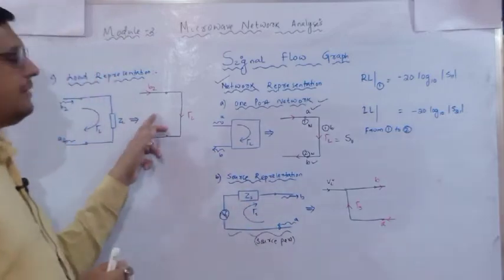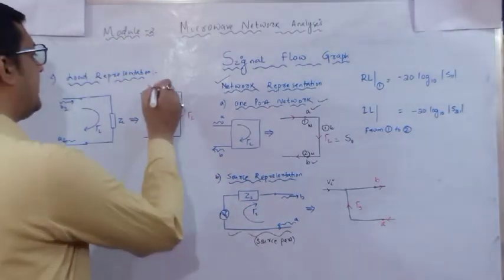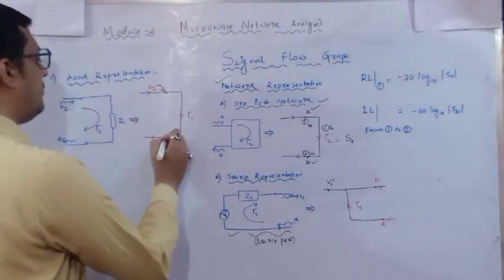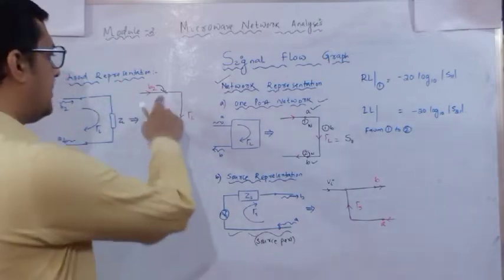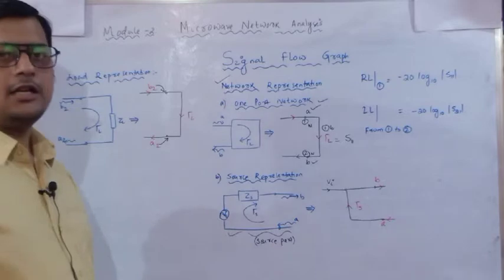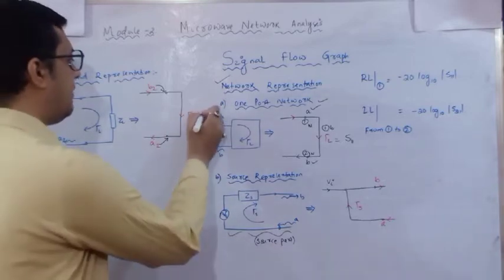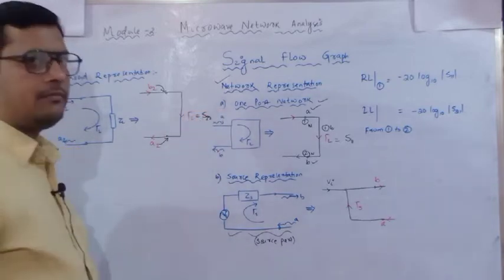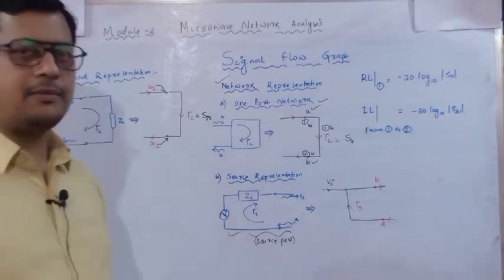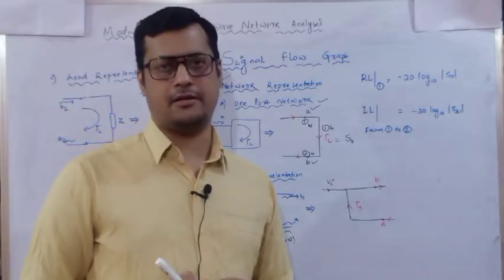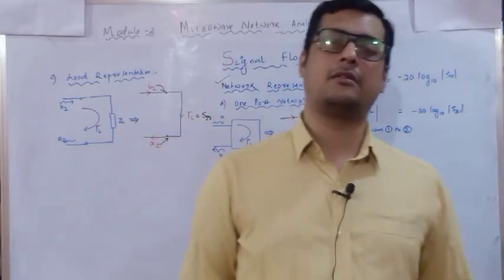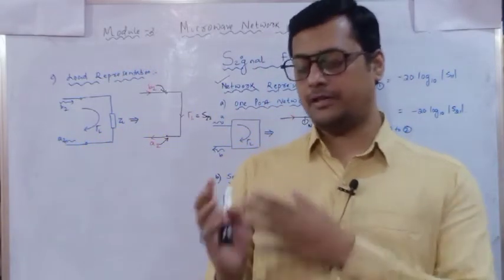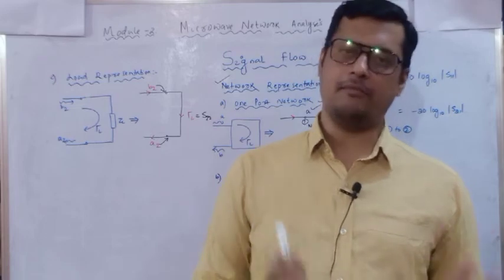So the SFG will be what? B2 is this particular node, A2 is this particular node, and there is only one branch, represented with eta L, and this is called S22, because each branch is represented with a scattering parameter. This reflection coefficient we can represent in terms of scattering parameter for mismatch condition as well as for match condition.